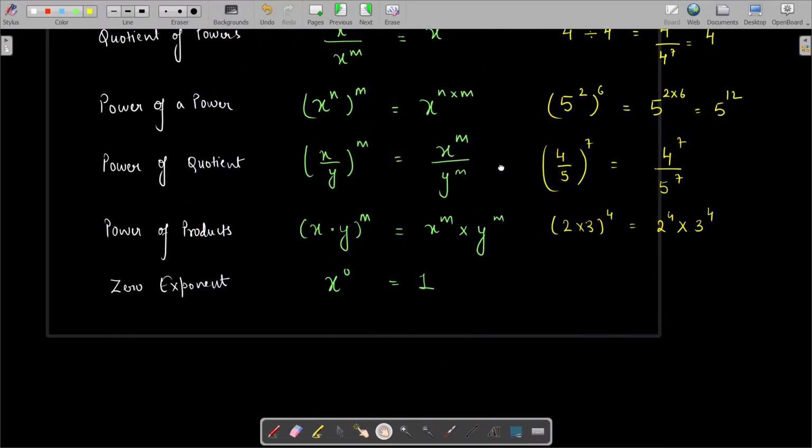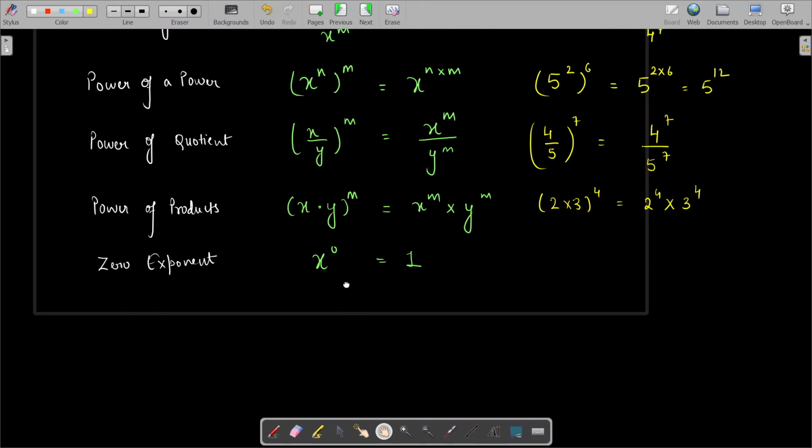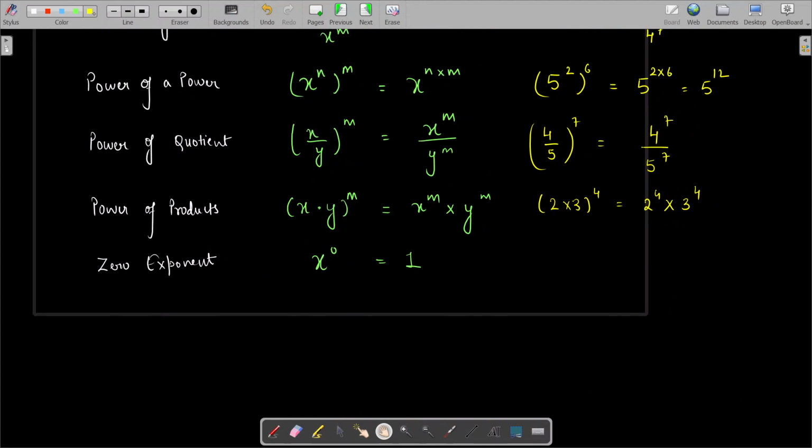Maybe I'll create a different video to explain why anything raised to 0 gives us 1. But for now, if you have 3 raised to 0, if you have 4 over 8 raised to 0, if you have negative 5 raised to 0, all of these will give us 1.